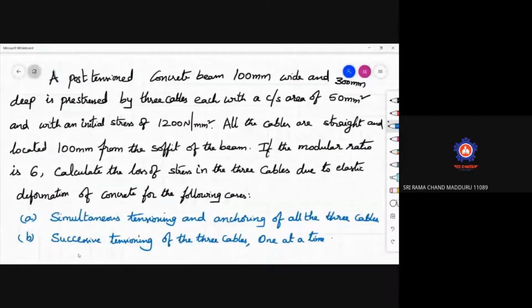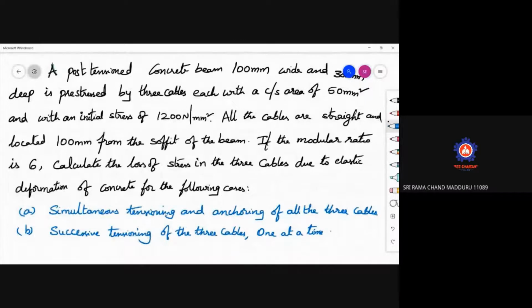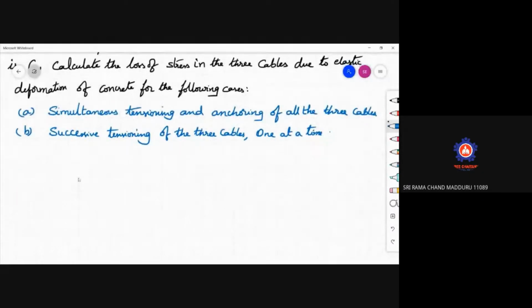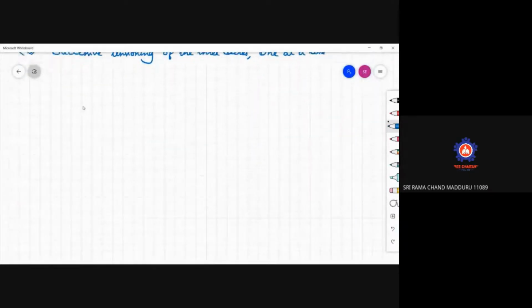First of all, what is given? Beam width is given. Is my voice clear? Let me know once. Yes, sir. Okay. Now, write down the given data. I'm just scrolling up. You should tell me what data is given in the question.